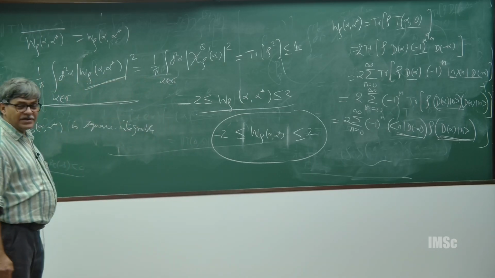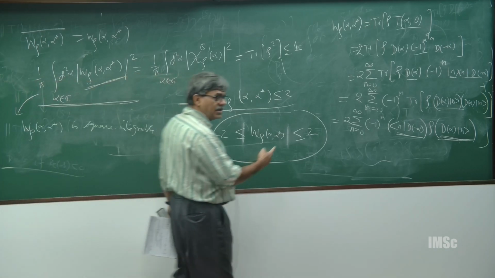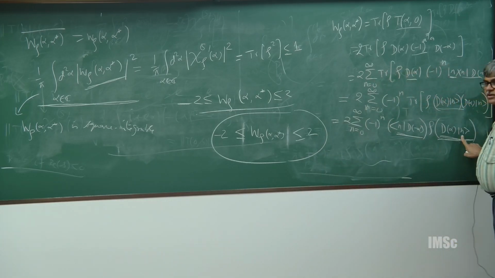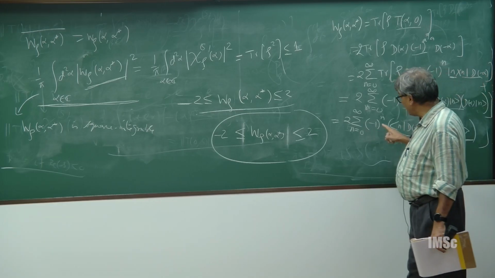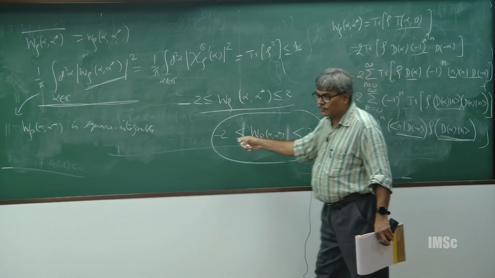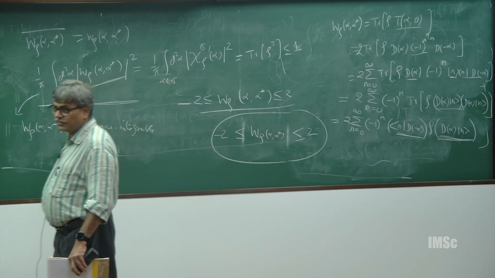Now, the major question is, can it be negative? Yes, it can be, right, because if I choose n to be odd, the displaced Fock state with odd n, if I choose rho as that, then this will take the value minus 2. So, therefore, Wigner function can also be negative.